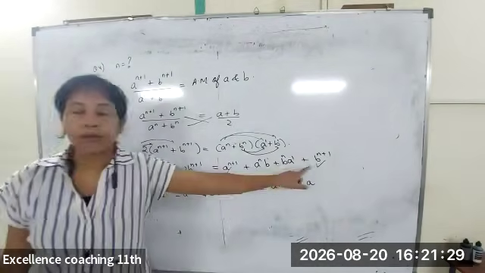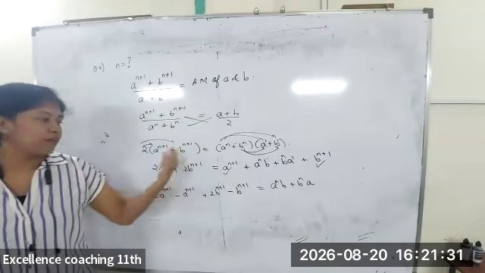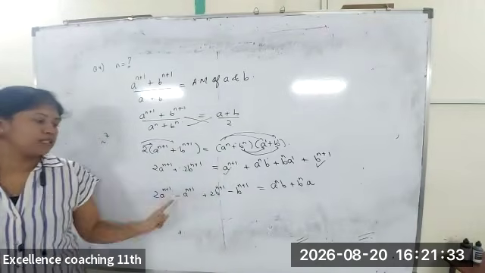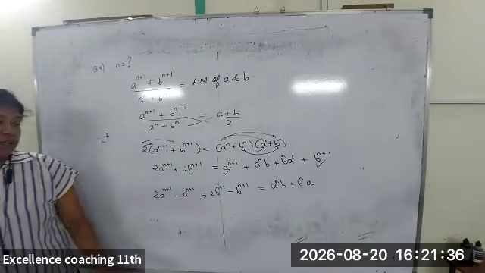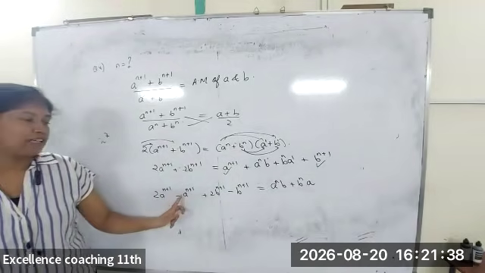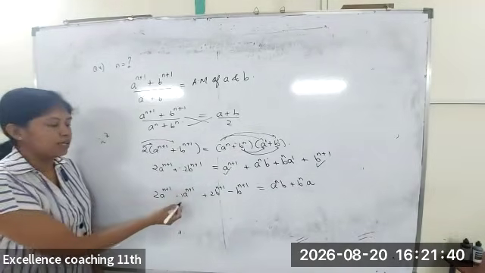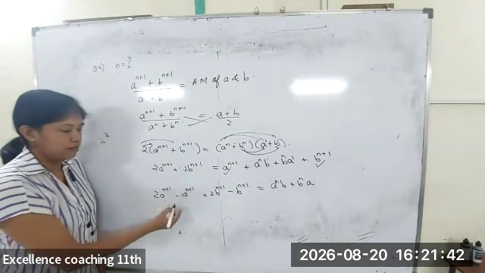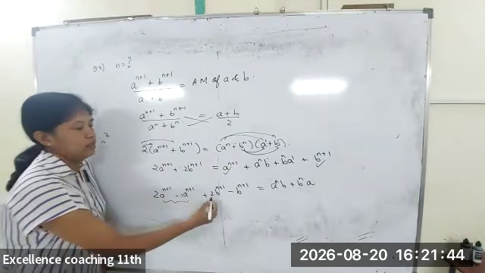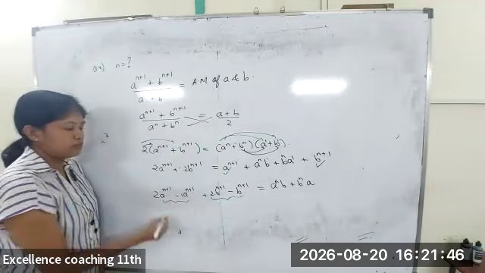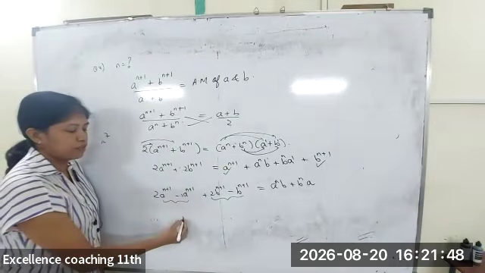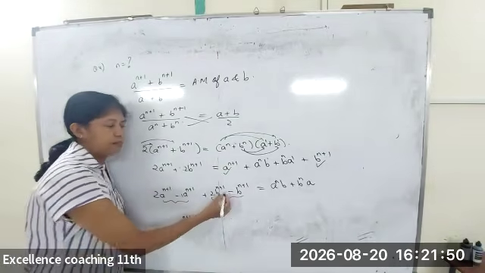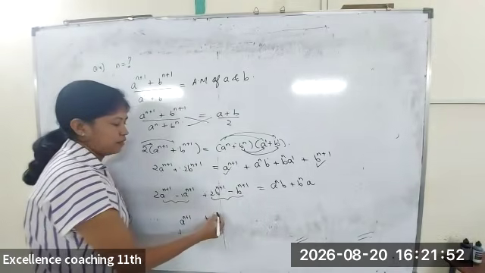Whichever I've ticked, I've taken on the left hand side, so plus will become minus on this side. 2, if nothing is there, what is this coefficient? 1. So 2 minus 1. And from here you have to subtract, so 2 minus 1 you'll get only 1. Same way, 2 minus 1 you'll get.